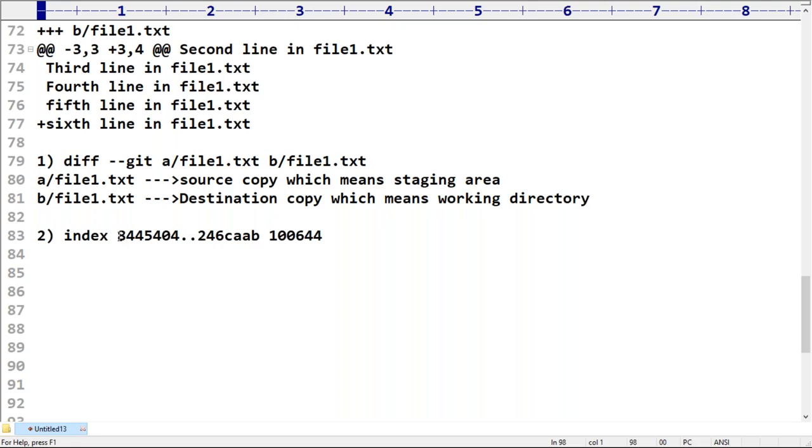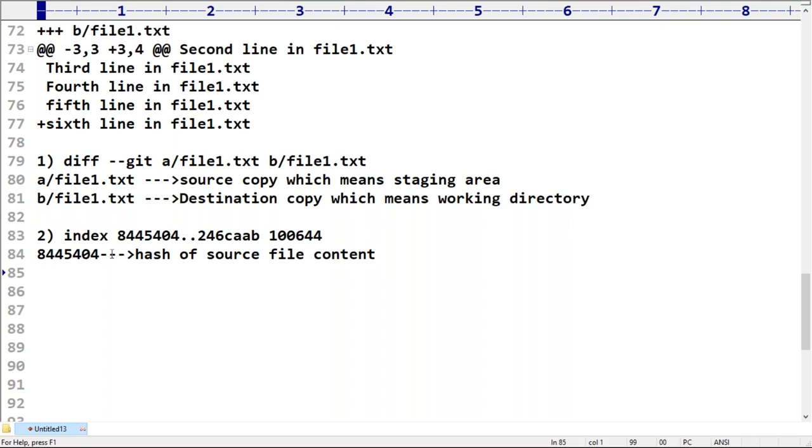The SHA-1 hashing algorithm is going to work. Internally the file content will be stored in the form of hash. This is the hash of the source file content.